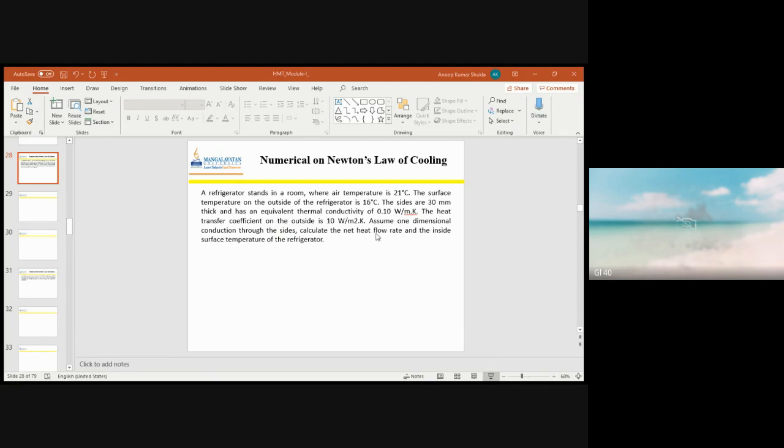So how do we solve this problem? First, note down the various parameters given in this problem, like heat transfer from the refrigerator valve.